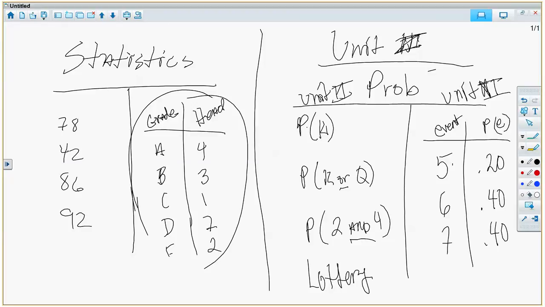Now you're going to find the mean and the standard deviation using a probability distribution. So, some kind of similarity there. And I want you to see what we're going into. All right?